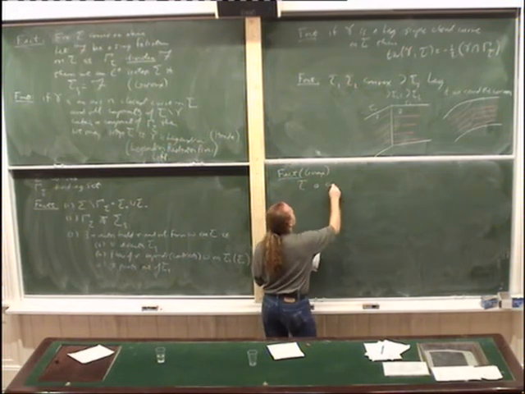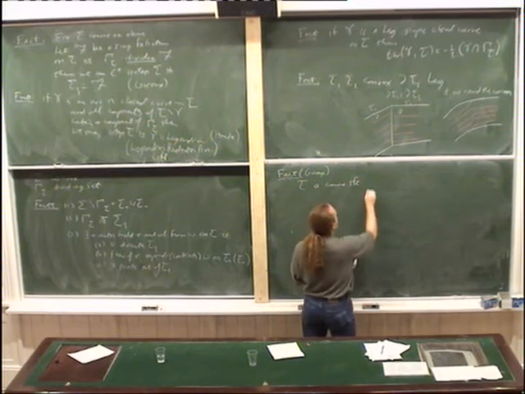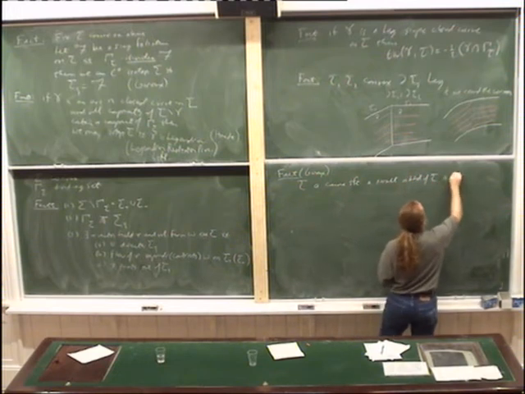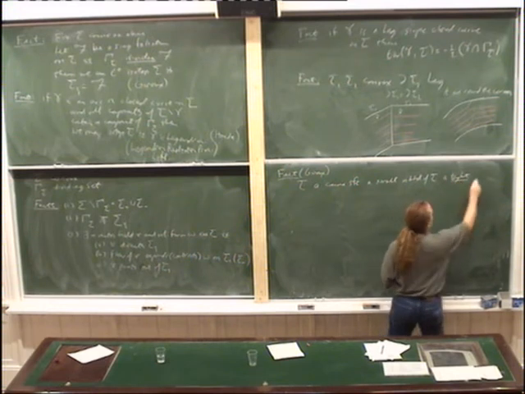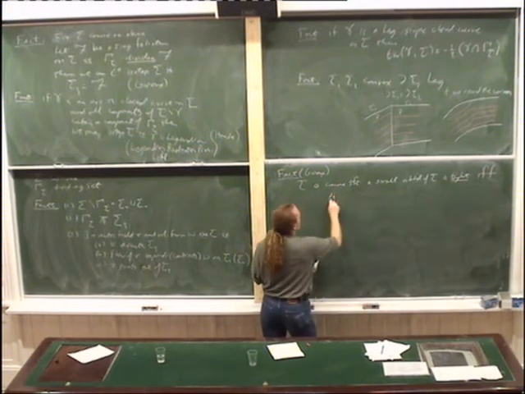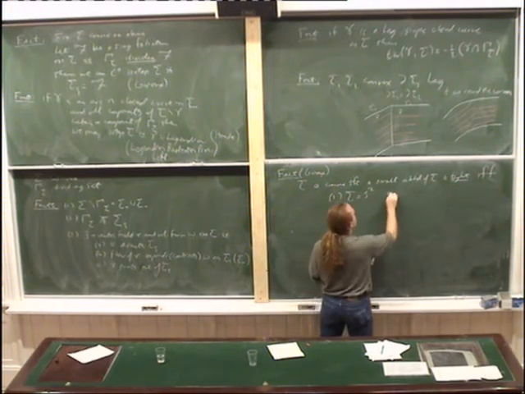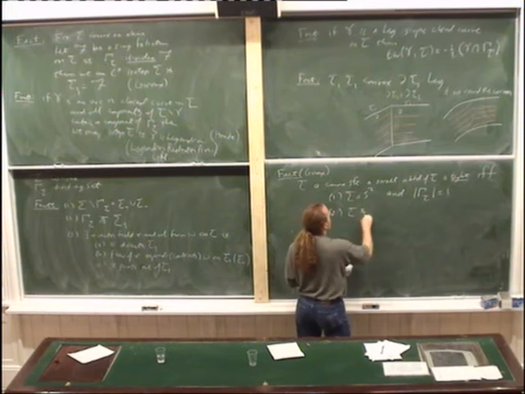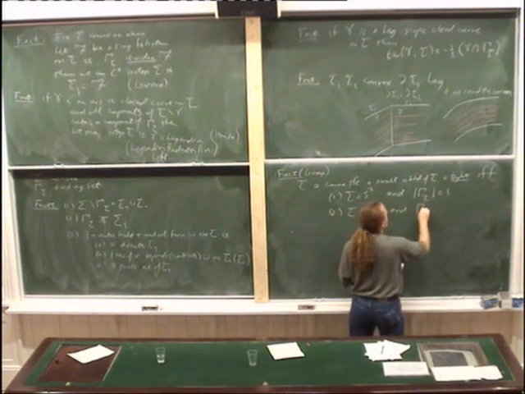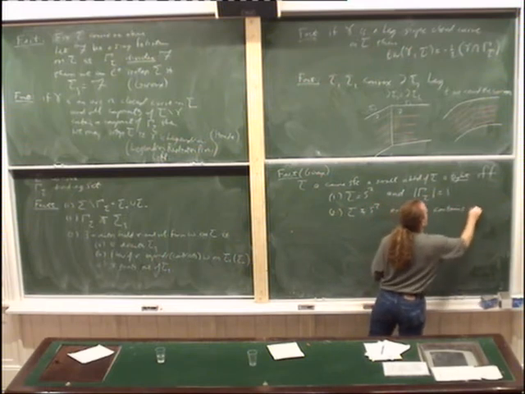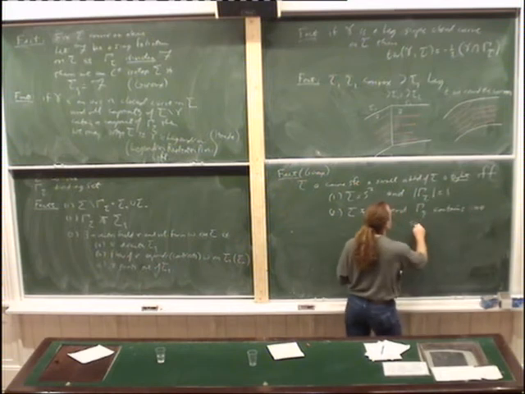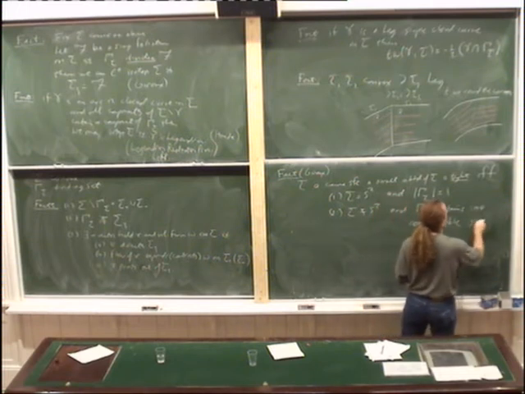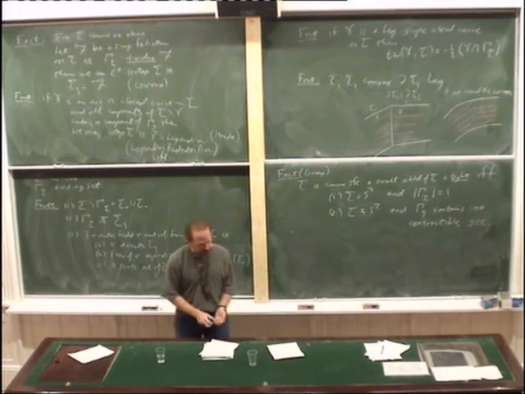So sigma, a convex surface, a small neighborhood of sigma is tight if and only if: 1, sigma equals S2, and the dividing set is connected, and 2, sigma is not equal to S2, and gamma sigma contains no contractible simple closed curves. Okay, so no simple closed curves bound a disk.